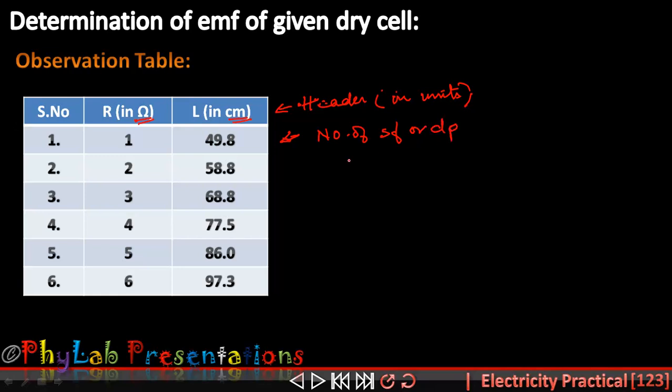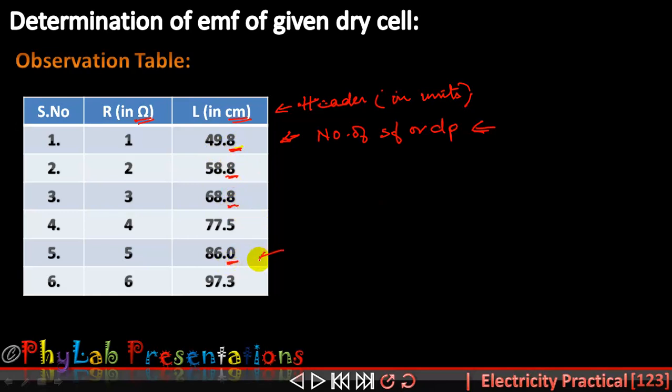Most of the time in the question paper you will be told to measure a particular thing correct up to 1 decimal point, or do any calculation up to 3 significant figures. Take care about this point, because marks are allocated on this fact. You can see over here, I have taken all the distances correct up to 1 decimal place. So 49.8, 68.8 and so on, and see over here 86.0.